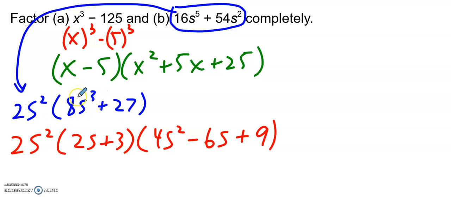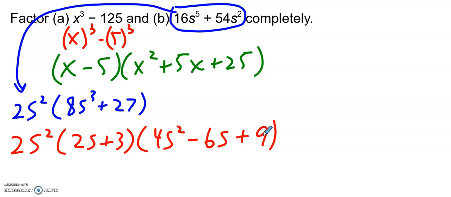So 8 is 2 cubed, s to the 3rd is s cubed, and 27 is 3 cubed. So the 2s squared just stays here on the outside, and this factors into 2s plus 3. So a is 2s and b is 3, times the quantity a squared, so that's 4s squared, minus a times b, so 6s, plus b squared, which is 9.